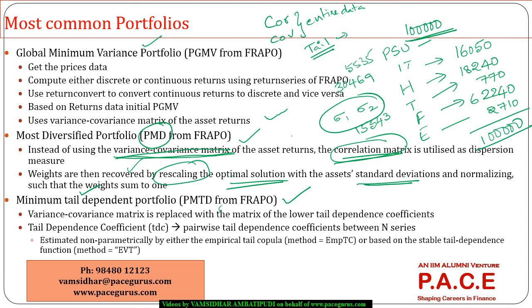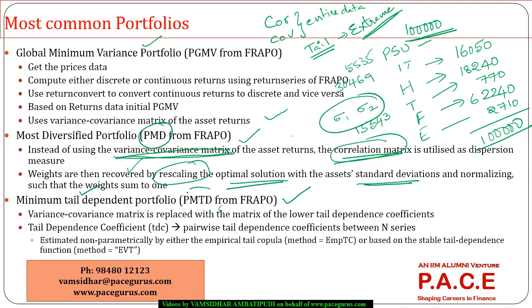So the correlations are typically computed only for the tail, and based on that the allocations are done. The intention here is to see what kind of relationship exists between the sectors in the extreme cases. In the normal cases we are not looking at it, only in the extreme cases how these variables are correlated, that is what is driving the overall model.